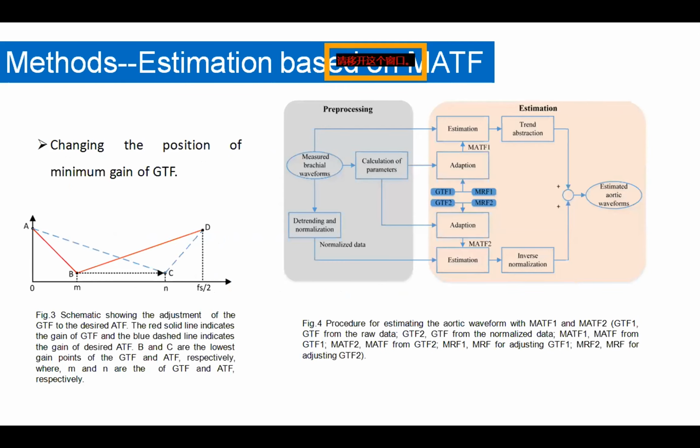Then I changed the minimum gain of GTF to obtain ATF. The desired aortic pressure wave was obtained by calibrating the pulse wave derived from the second ATF with the pulse wave from the first ATF.